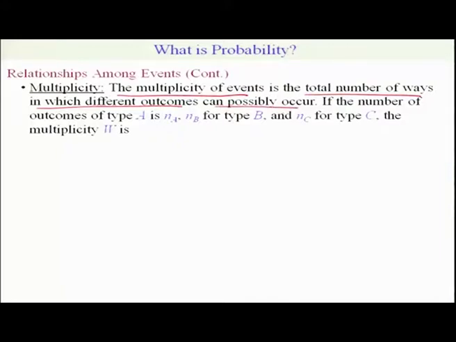So, for example, if the number of outcomes of type A event is nA, for type B is nB, for type C is nC, then the multiplicity W of events of type A, B, C is simply the multiplication of these numbers of outcomes, nA, nB, nC. Okay, so, this would be the total number of ways you can have these events in this form.